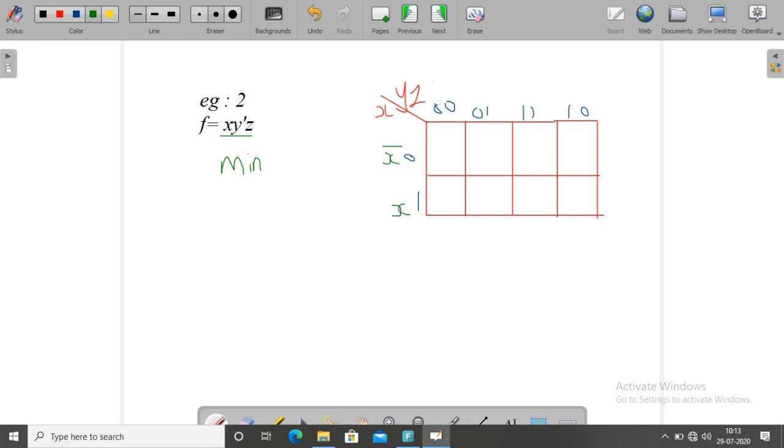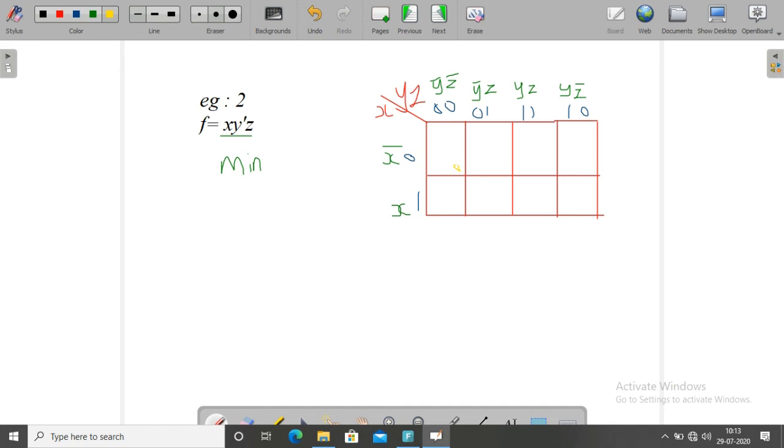For the columns, y dash z dash, then y dash z, then y z, then y z dash.